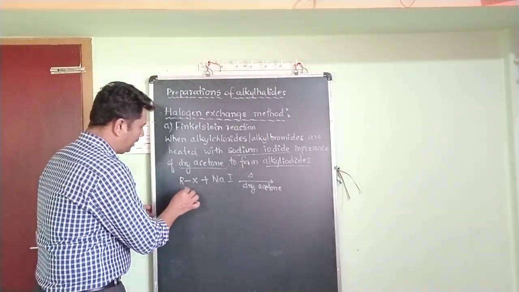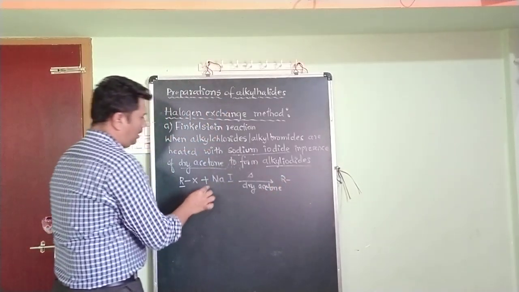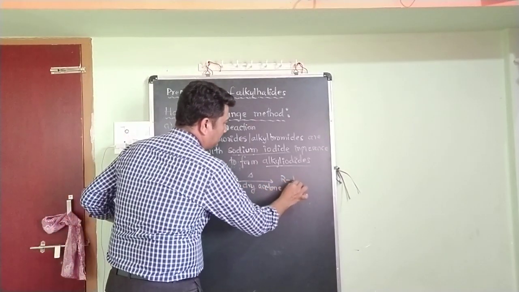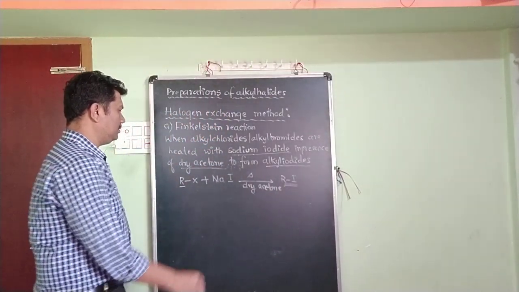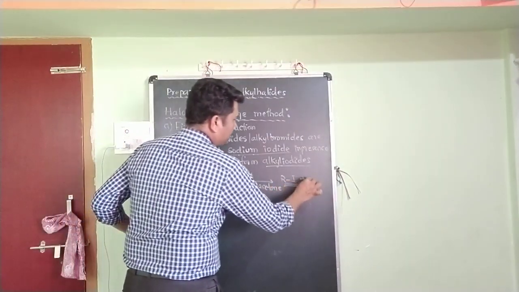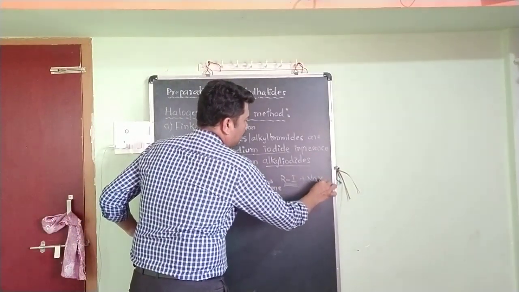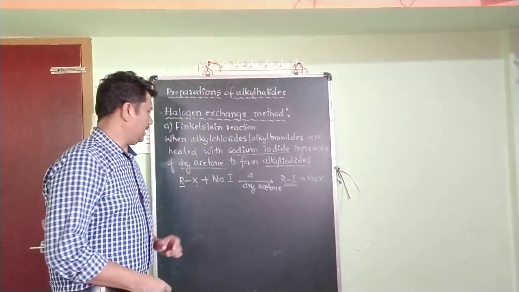See, alkyl iodide, R means alkyl, I means iodide. So this is your alkyl iodide and the remaining is NaX. So this is the general representation of the Finkelstein reaction.